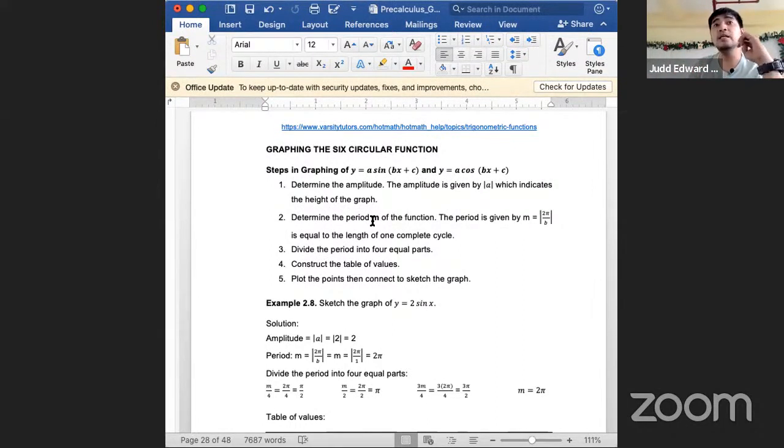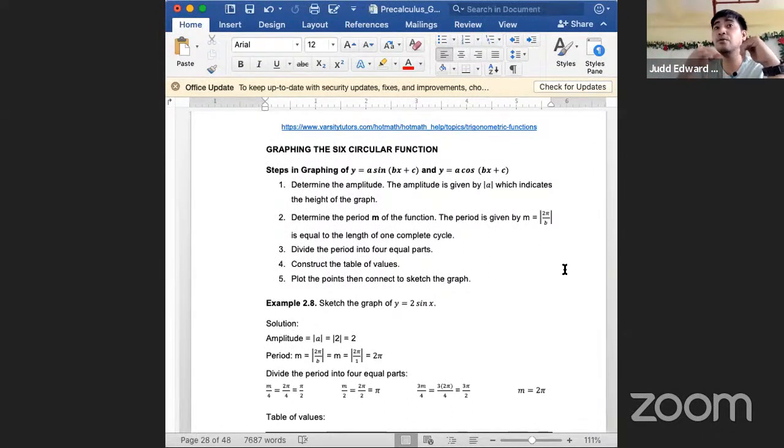Usually, you are given a normal function like y is equal to sine x. Therefore, pag mga puro y is equal to sine x, y is equal to cosine x, your middle line will start with 0. Ang ibig sabihin po kasi ng amplitude, tataas siya sa y, bababa siya sa y.